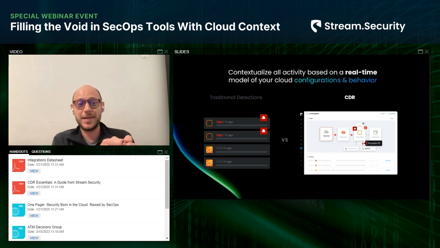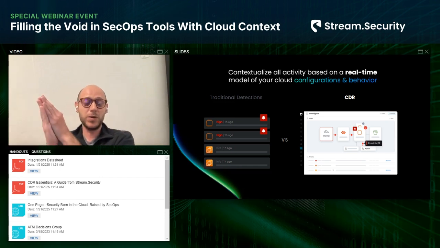So in our case, two high severity detections might actually translate to one critical detection, where CDR understood that this asset is exploitable through a WAF that just had a CVE running in place, and it has the potential for privilege escalation and has access to PII data, right? So this is something that you need to respond to right now, even if potentially it's a false positive. The other detection is actually a low detection. Why?